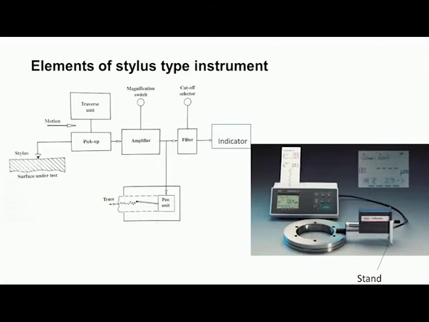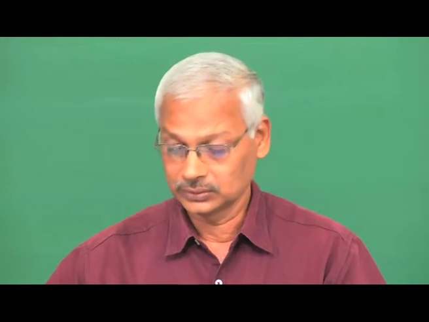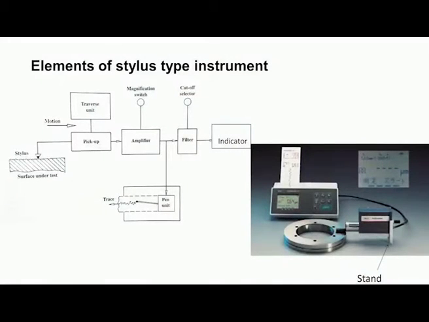Depending upon the height of the workpiece, we have to adjust the height of this instrument, otherwise there will be error in the measured value. For adjusting the height, you can see a stand is provided. It is connected to a printer and display device.